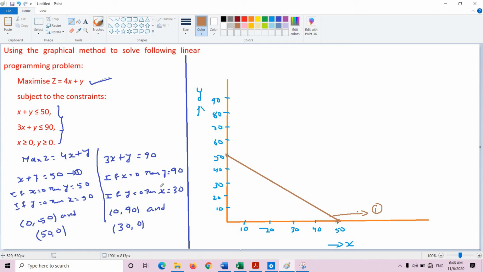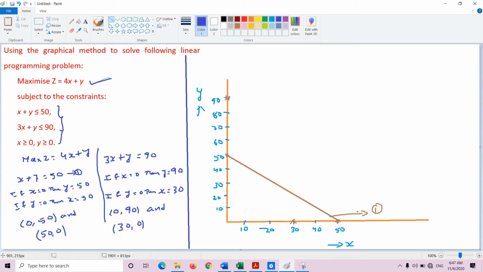The next point is 0, 90. Along the y-axis, the x value is 0, and here is the 90 value. This is the location of the point 0, 90. Next one is 30, 0. Now let me take another color, this blue color.